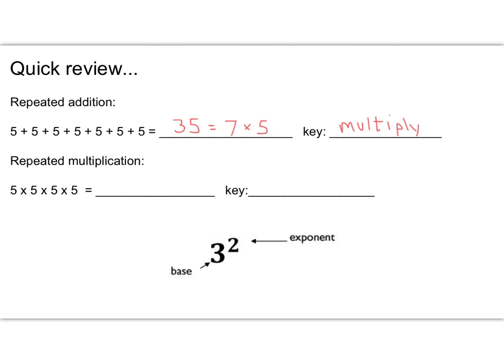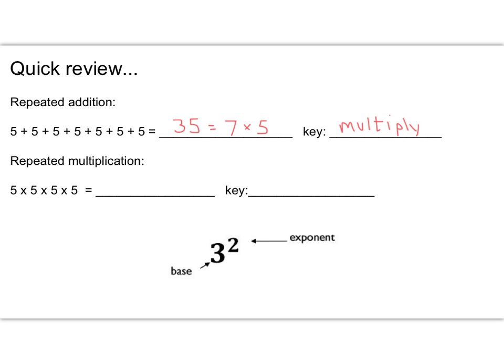Now, what we introduced yesterday is repeated multiplication. So in this problem, 5 times 5 times 5 times 5 is very different than 5 plus 5 plus 5 plus 5. And we learned that we can use exponents to do that multiplication.